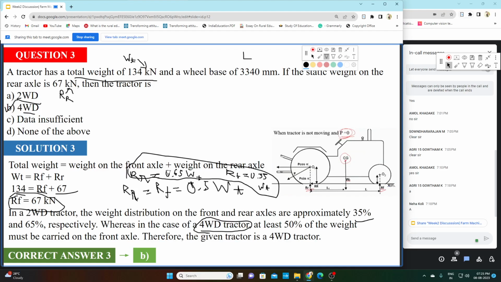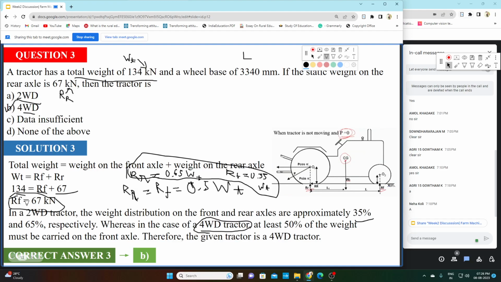RR will be approximately 0.65 WT. It can be a little here and there, but approximately your RR will be 0.65 WT and RF will be 0.35 WT. But in this question you can see your RR and RF are equal to 0.5 WT. Your RR is 67 kilonewton, that is equal to 0.5 into WT, that is 134 kilonewton.